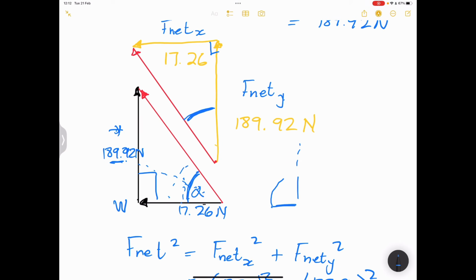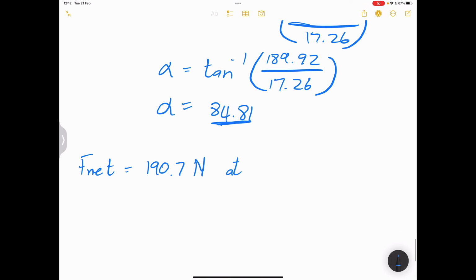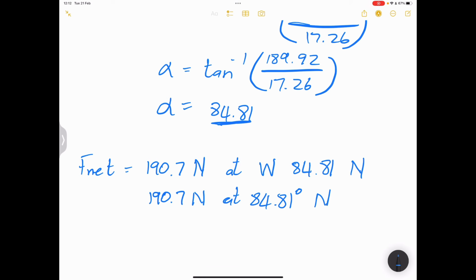So it's going to be 84.81 north of west. Or you can simply say that's 190.7 newtons at 84.81 degrees north of west.